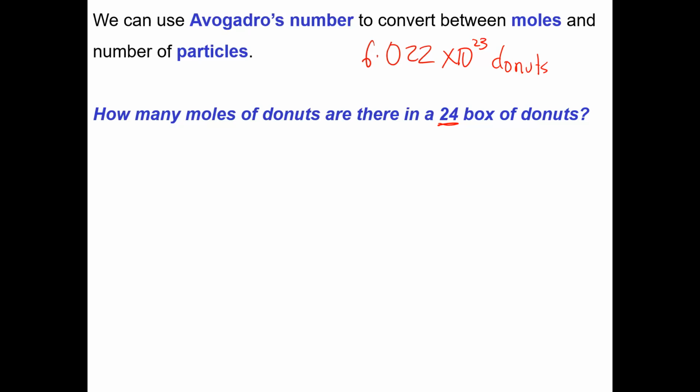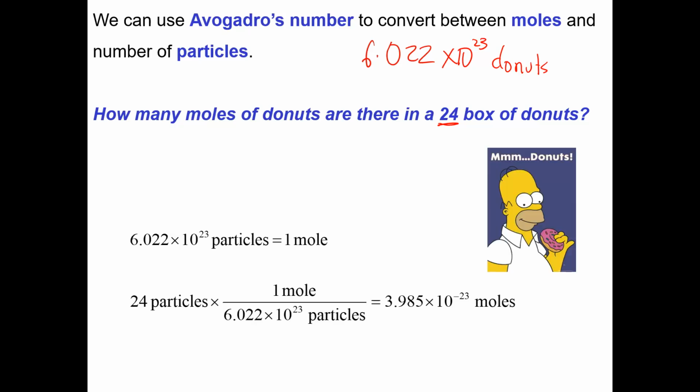So we're going to have to recall Avogadro's number. So that's where we're going to begin. So we're starting with 24 particles, which in this case are donuts. And so in order to turn this into moles, we're going to have to multiply by the conversion factor that will cancel particles and leave us with moles.